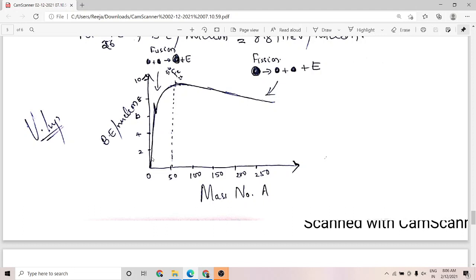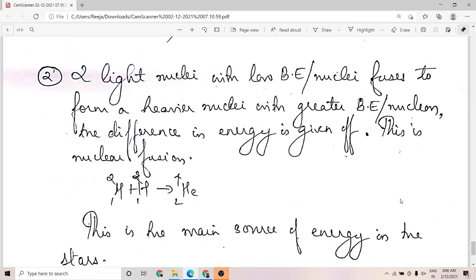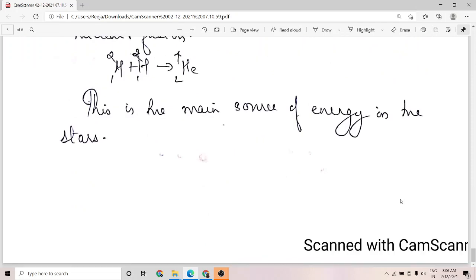So lighter nuclei attain stability by undergoing nuclear fusion with the release of large amounts of energy, and the heavier nuclei become stable by disintegrating to form stable nuclei, with the release of large amounts of energy. The binding energy per nucleon curve is shown here.